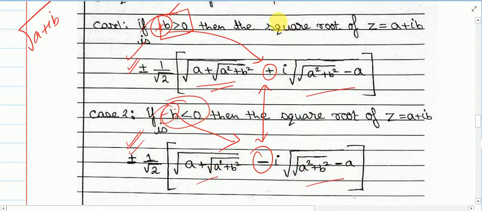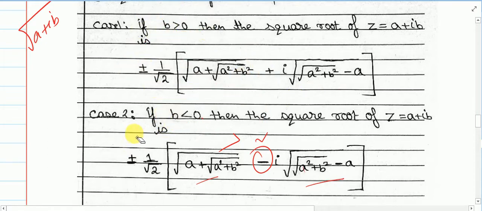So you have to remember these two cases, and once you remember these two cases, you can easily find the root of a complex number. The only thing you have to remember in case 1 and case 2 is that when b is greater than 0, we have to use plus, and when b is less than 0 we have to use minus. Rest is same.